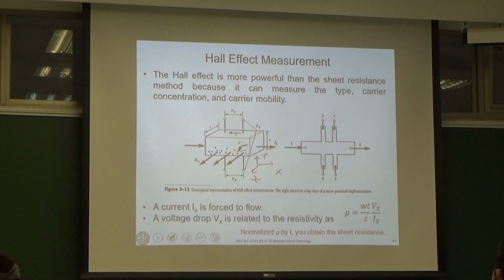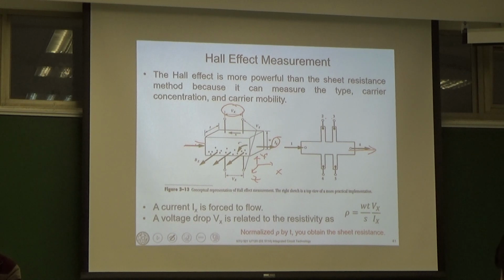In the beginning, we can force a current Ix in this direction. The current flows through this material, and it will create a voltage drop, Vx, over a certain distance.